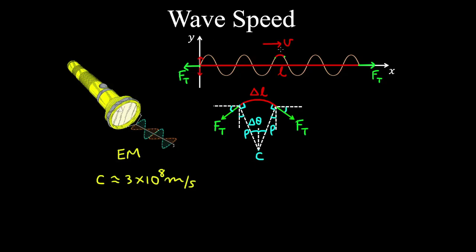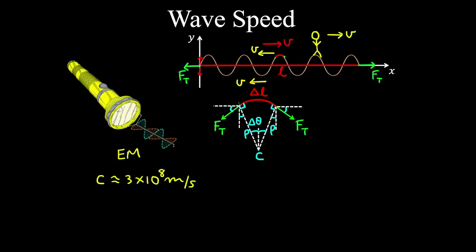Now if we suppose we're moving along with the wave, so for example, we're standing on this wave and moving along with it, so therefore this element of the string is going to appear to be moving to the left at the same speed as the wave.